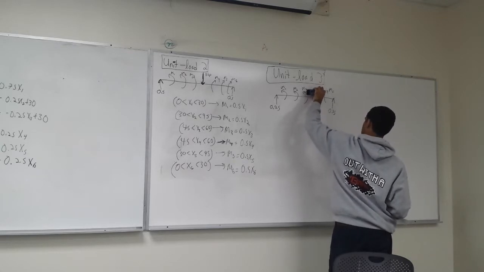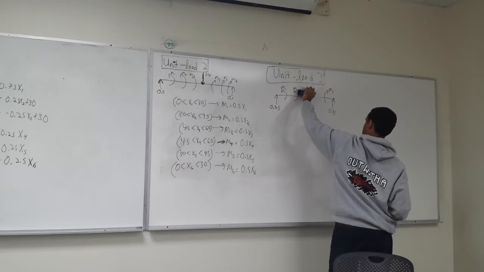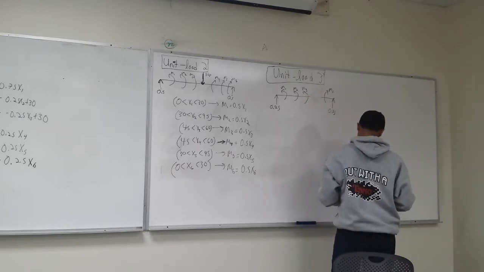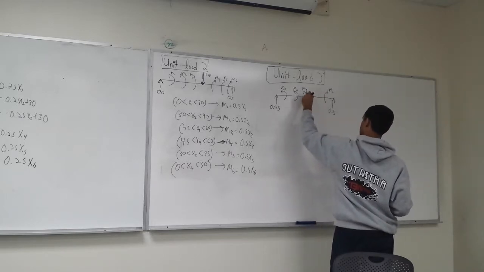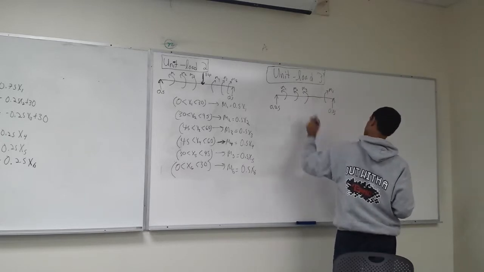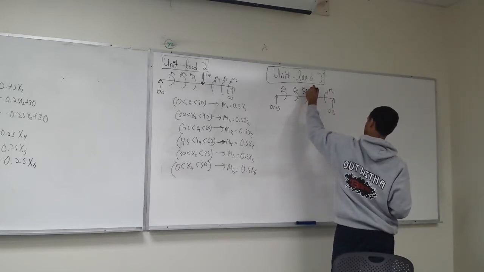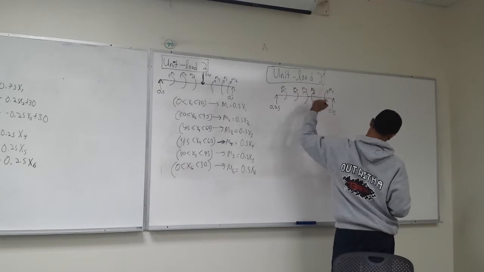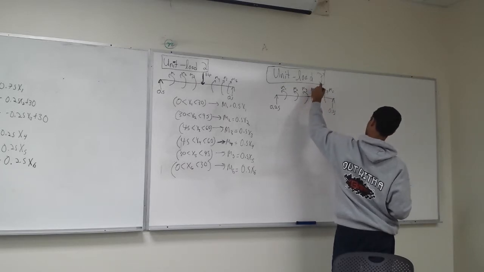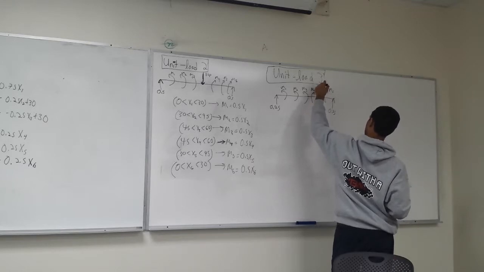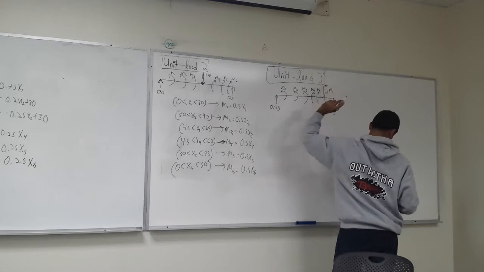I want to be as neat, as organized as possible, so let's write this over here. M4, M5. We put our one kip load over here. Yeah, one kip load. Okay.